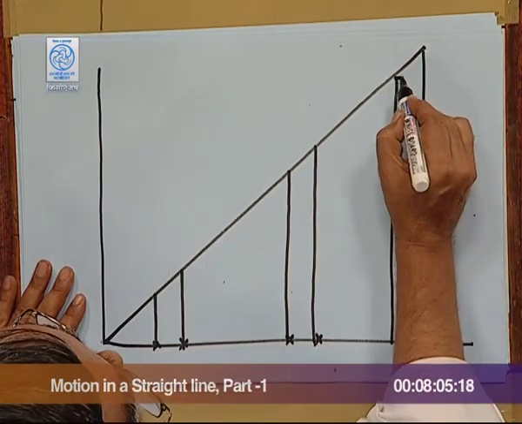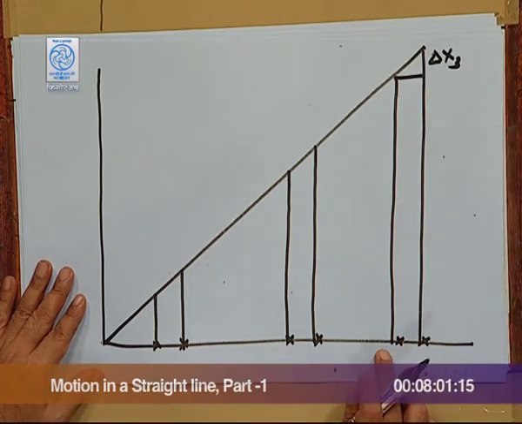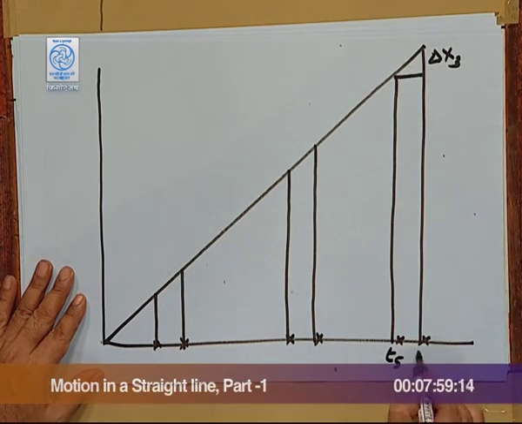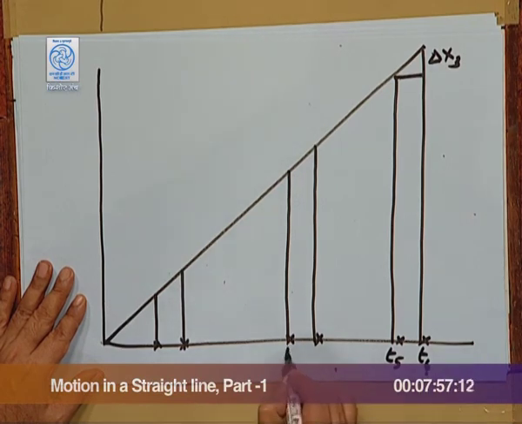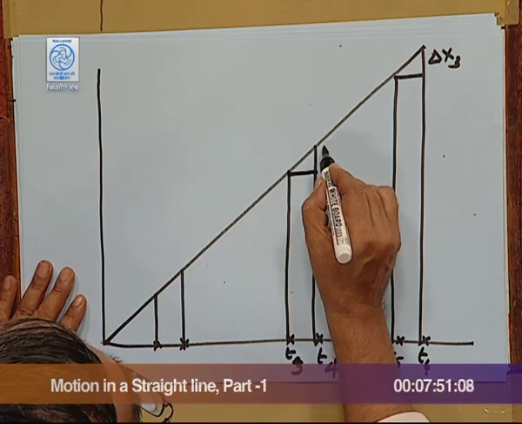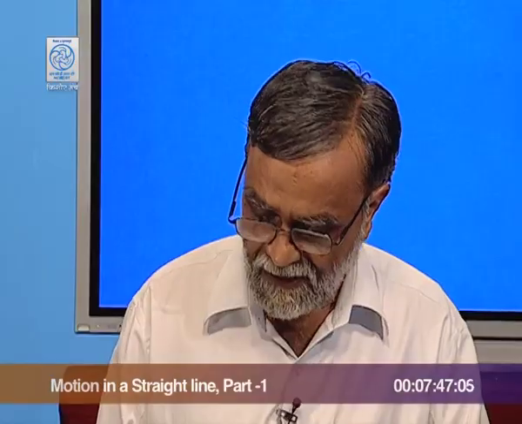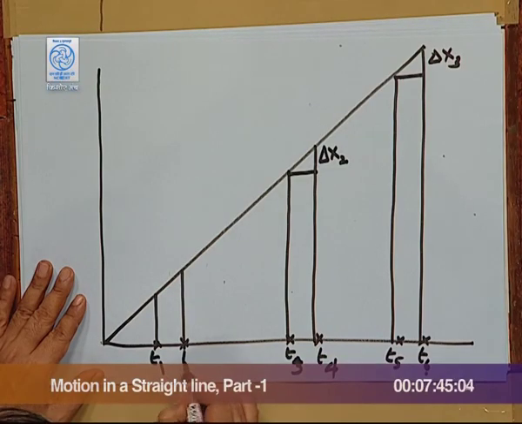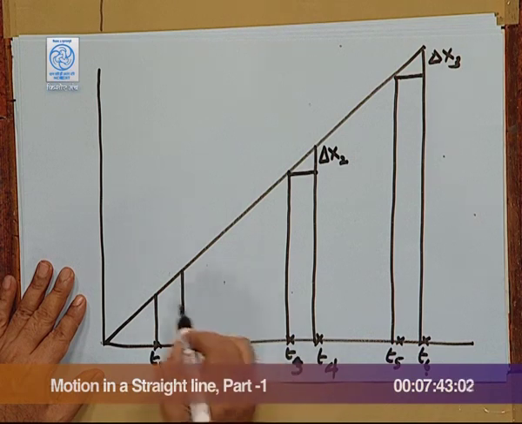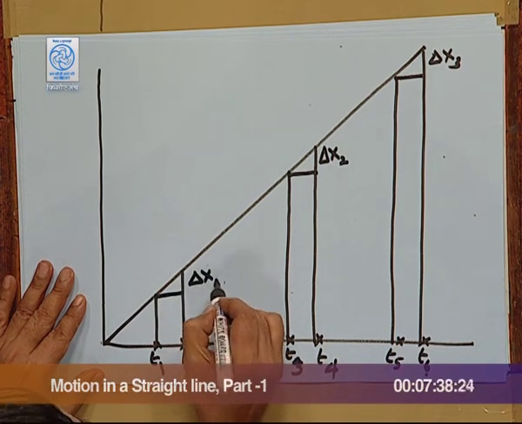Look at delta x3 in the interval t5 to t6, then t3 to t4. Look at delta x, which is represented by the height, which I have indicated as delta x2 here. Between t1 and t2, the interval is the same, but timings are different. Look at this delta x1.